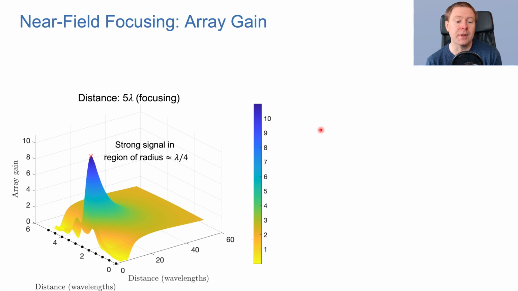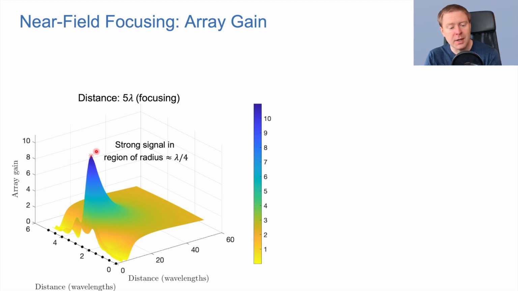And here is another way of illustrating that, namely something I call near field focusing. And this focuses in particular on what happens when you're really close to the array. So say that we have an array here which is 5 wavelengths wide, and we put the user 5 wavelengths away from it. And then we're focusing the signal energy at that location, and I'm computing the array gain that we get at various locations around.